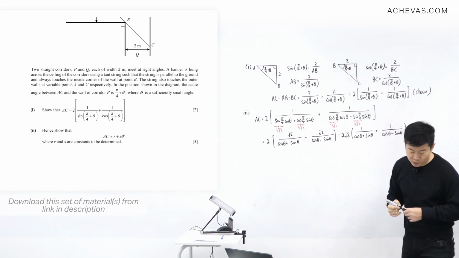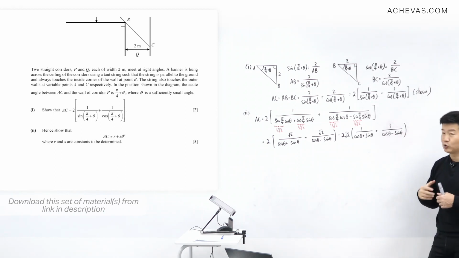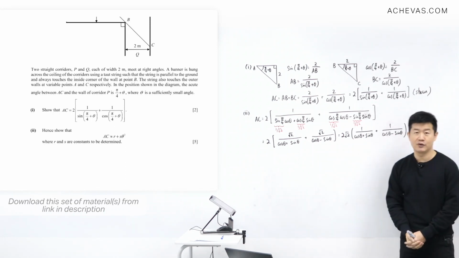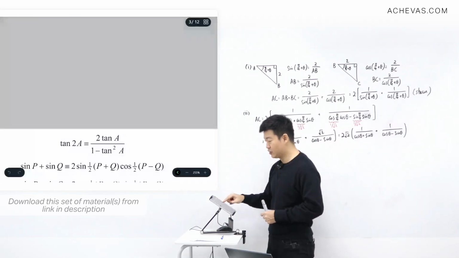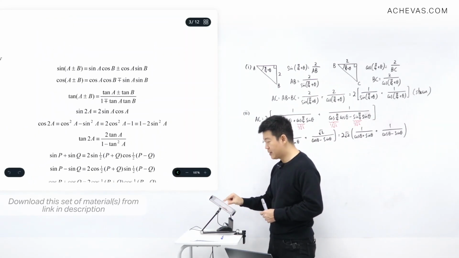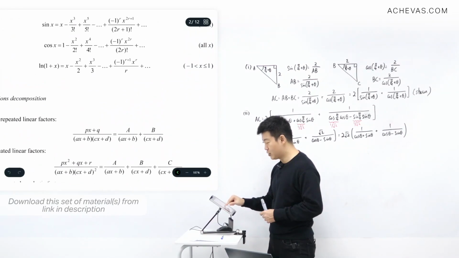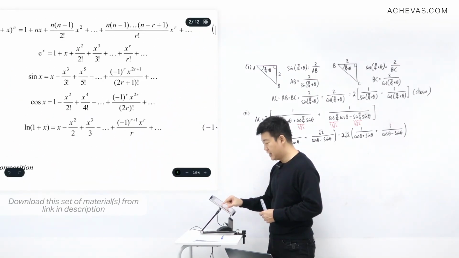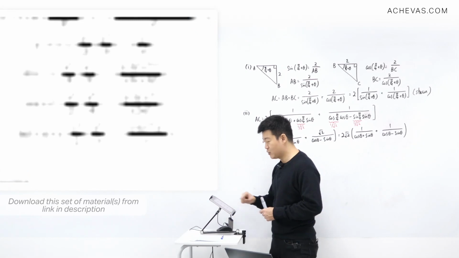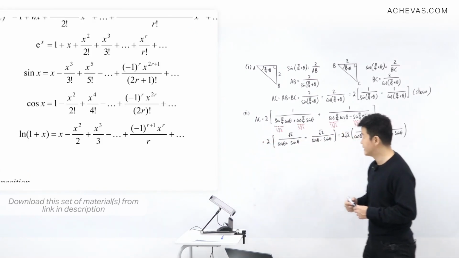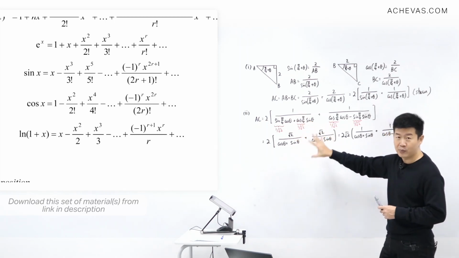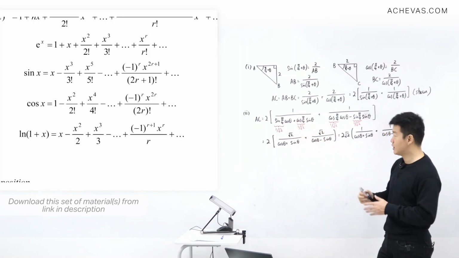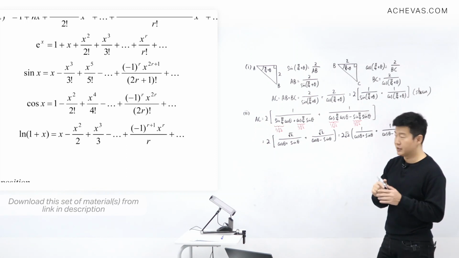And the next thing that I'm going to try to do is to start to do some approximation making use of Maclaurin's. I'm going to go back to my MF26 formula sheet again. And this time I'm going to go to the Maclaurin's portion of my formula sheet. And specifically, I'm going to be making use of the sine and cosine results, and ignoring anything that is theta to the power of 3 and above, like what we have deduced just now about theta being small enough.